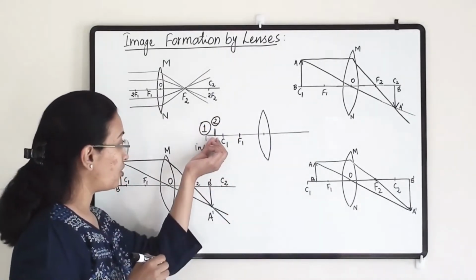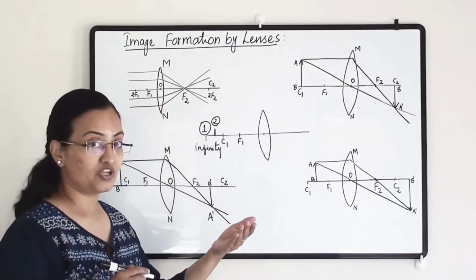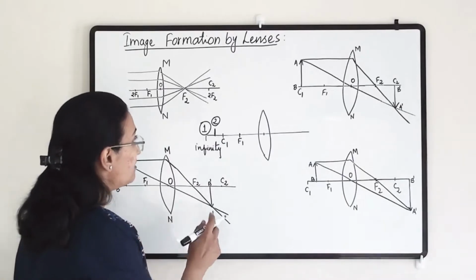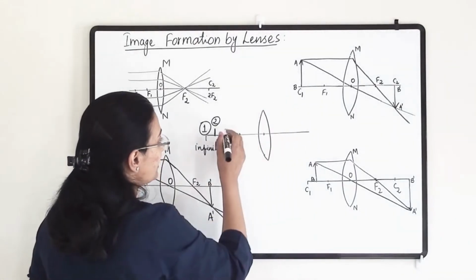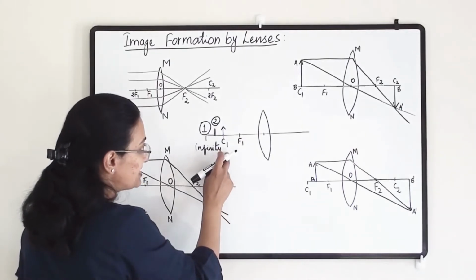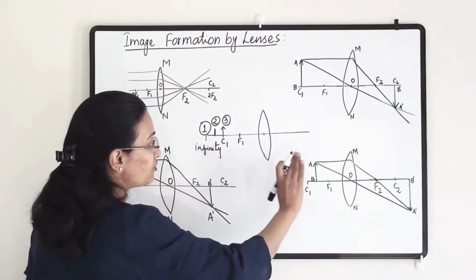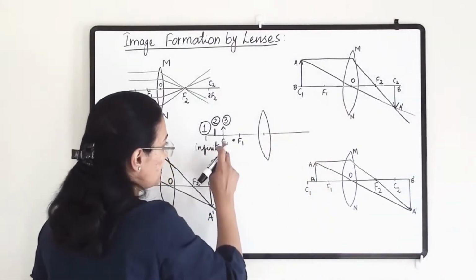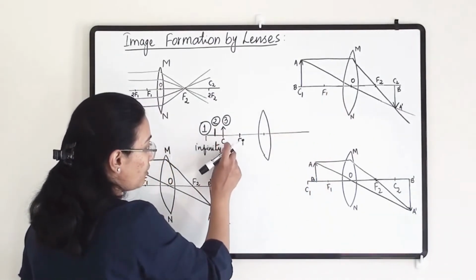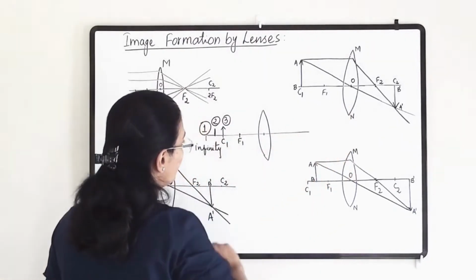When we keep the object over here, which kind of image and what size of image will we get? Then in the third case we keep the object at the center of curvature, that is C1, as we slowly go towards the optical center. We will discuss where and how we get the image.